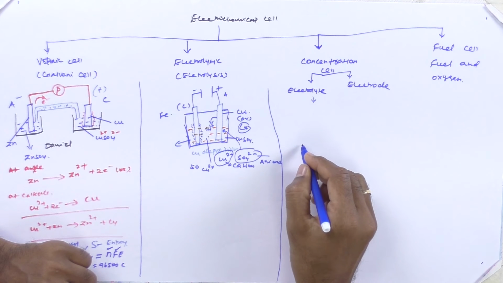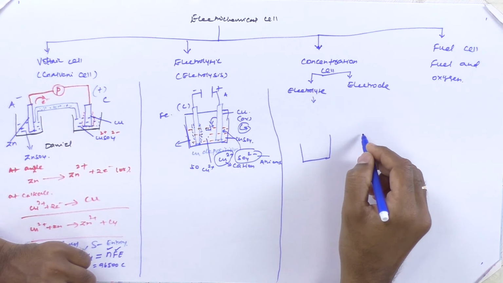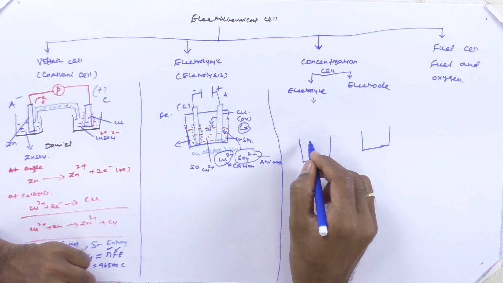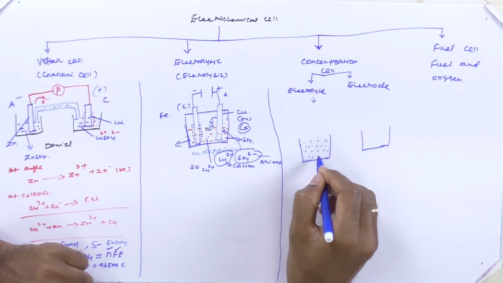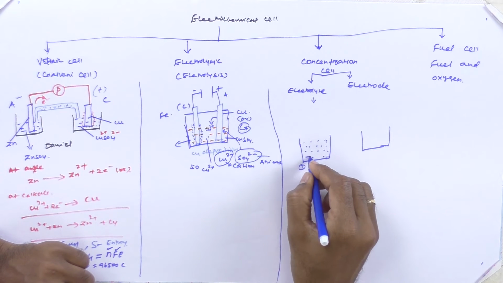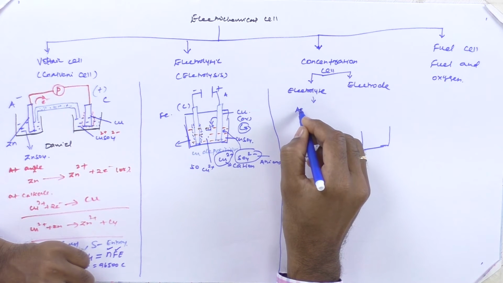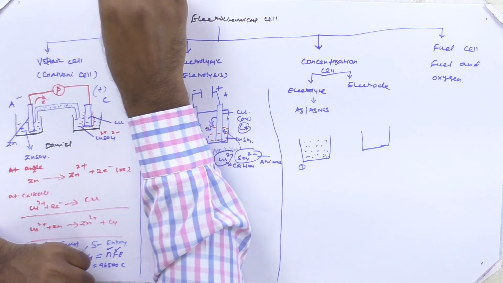For the construction of an electrolyte concentration cell, we need two electrolytes, identical electrolytes, but the concentrations will be different. In container 1 we took the electrolyte silver nitrate, with a silver electrode and silver nitrate system as a representative example.